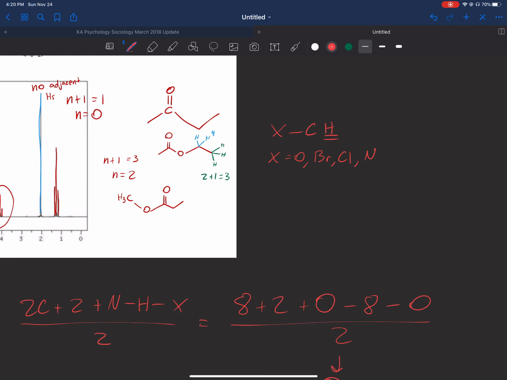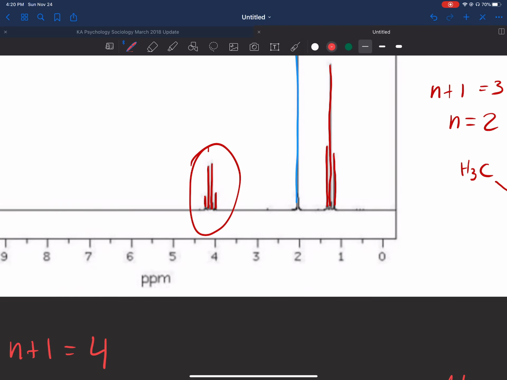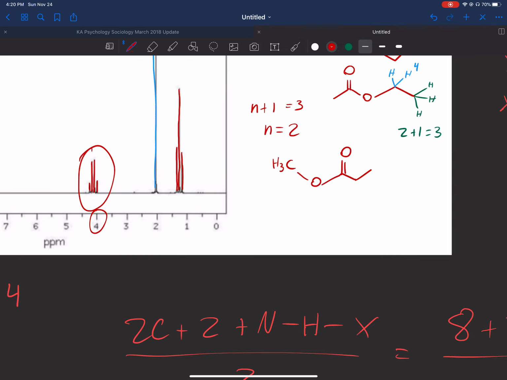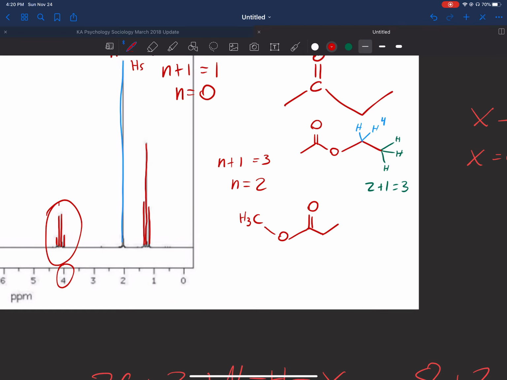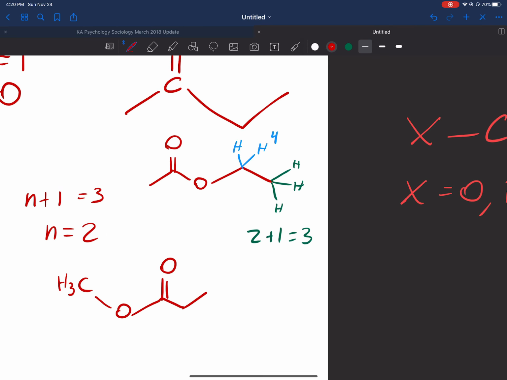You're going to be approximately in the 3.3 to 4.0 range for HNMR. Right? We're right next to 4 for that quartet. It's right on it. So that implies that the oxygen is bound directly to the carbon with the hydrogens that's giving us the quartet.